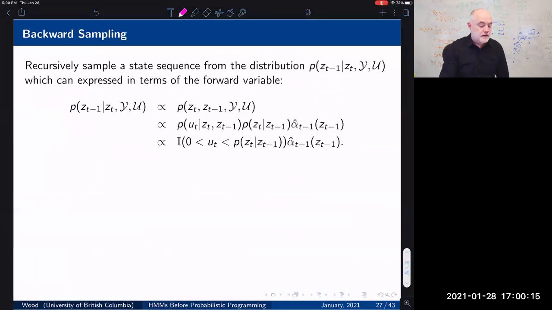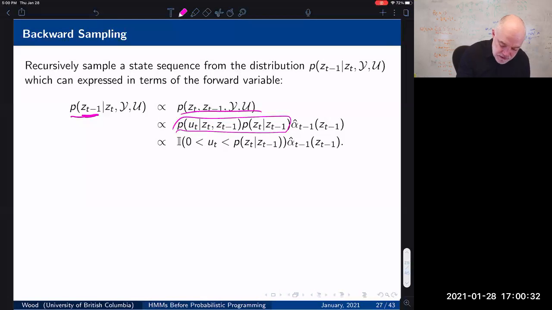Fine. We can get a beam. We can recursively sample backwards by looking at the probability of Z_{t-1} given Z_t, Y, and U. That's proportional to the joint of all of those things, which is proportional to all of the Markov model factors times the incoming message.